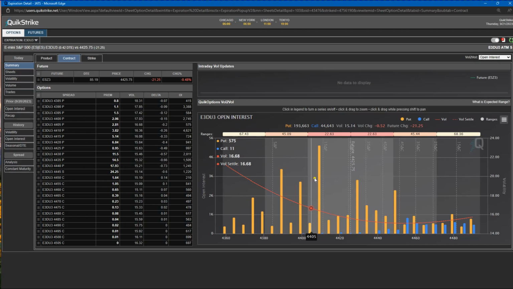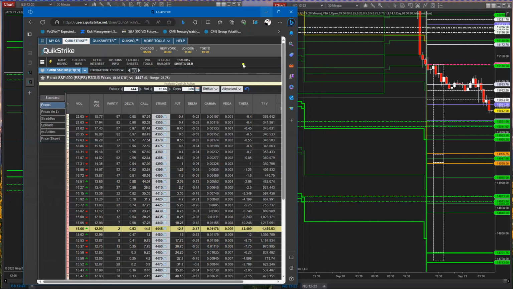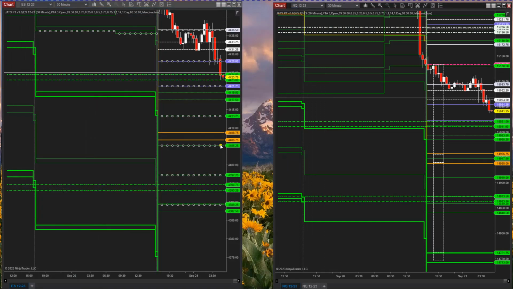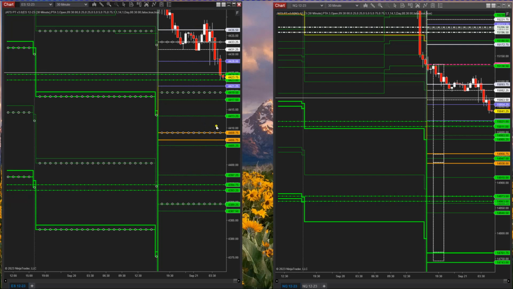There's your big put wall. So keep an eye on that 44.10, which is almost to the edge of your in the money, out of the money. And on the pricing sheet, 44.10 is right here, just above the daily one.